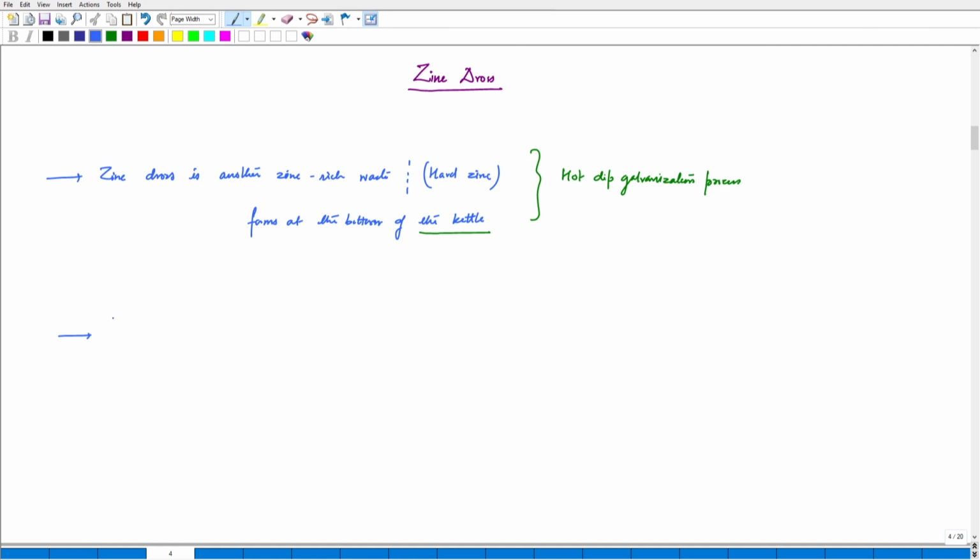If we just look at the second category, iron aluminum intermetallics. So, this is the classification of intermetallics that can be present when the hot dip galvanization is taking various elements and alloys into the process.